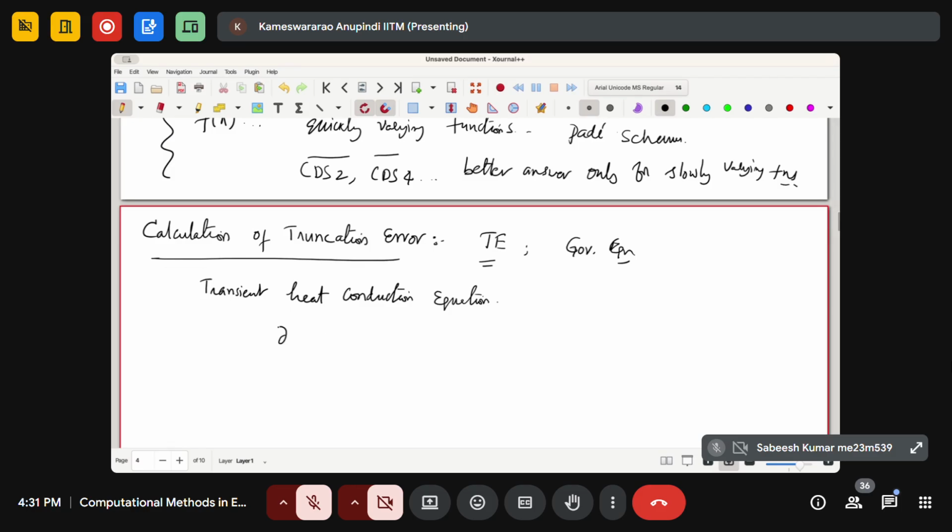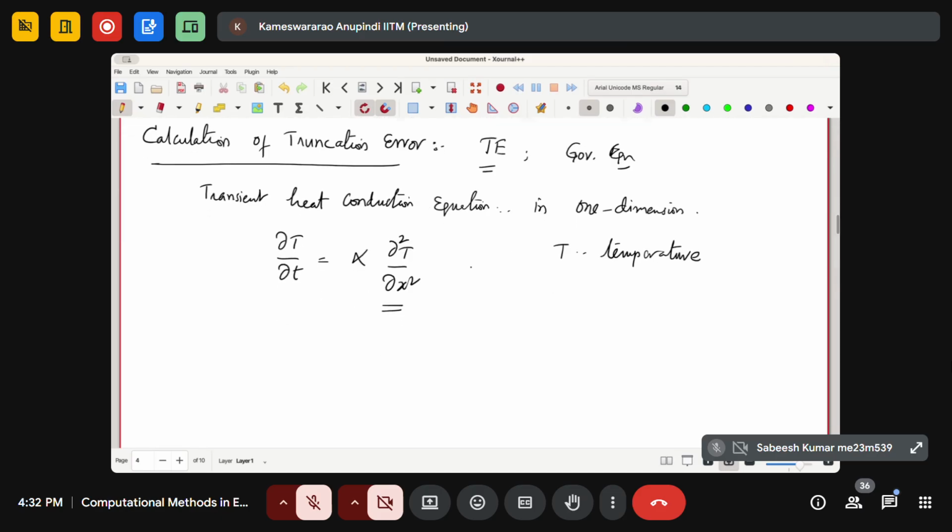I can write it as partial T by partial t equals alpha times partial squared T by partial x squared. Transient heat conduction equation in one dimension. Okay, so we are only looking at one dimension as of now. Capital T is the temperature, although I'm going to change this and use a different variable called U. And alpha is the thermal diffusivity.